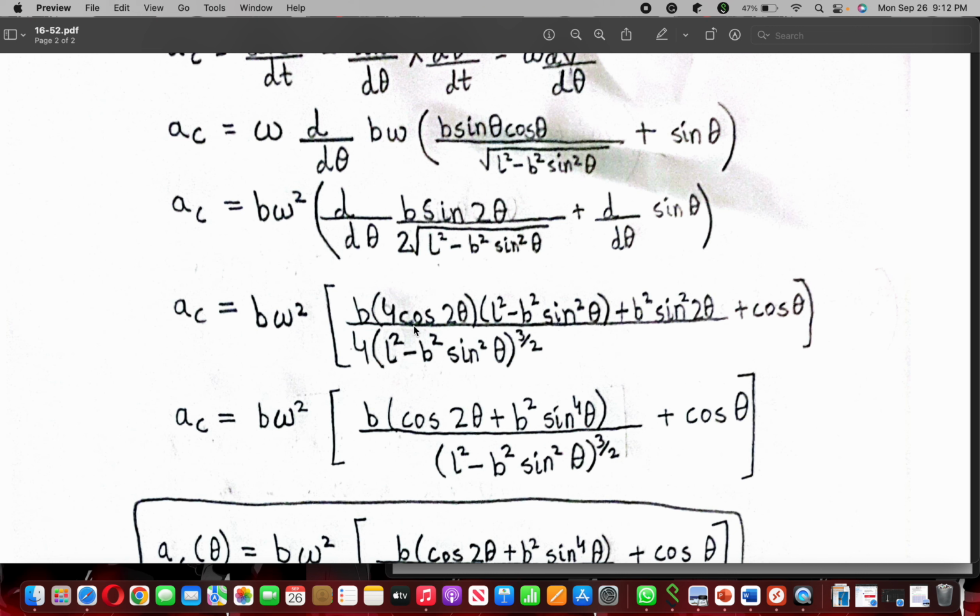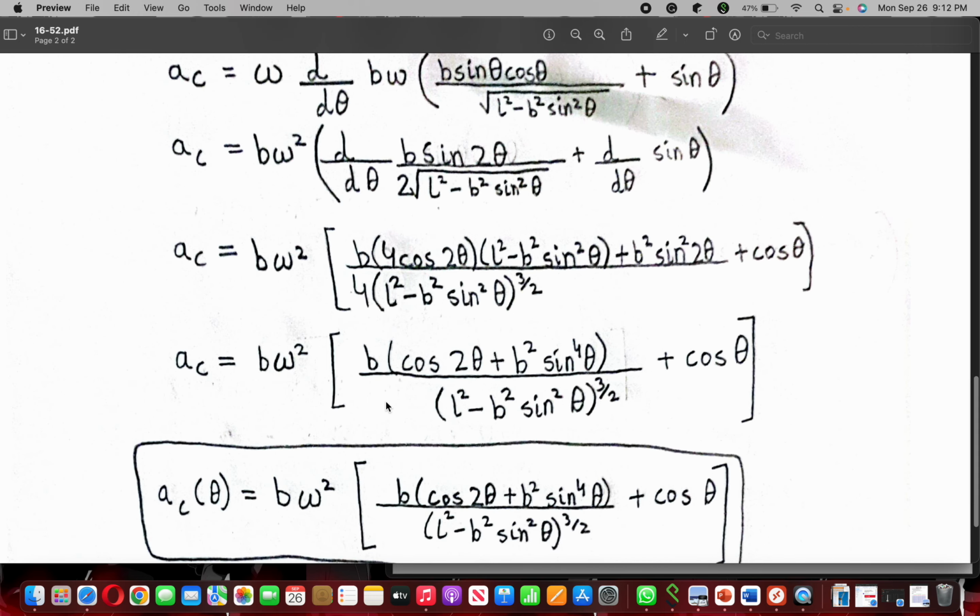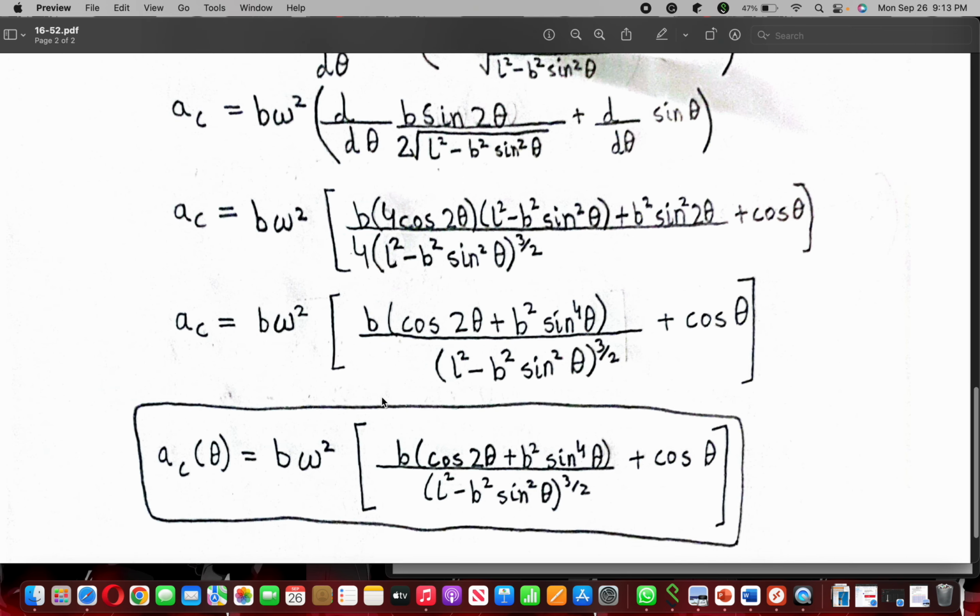Then we further simplify this equation by multiplying 4 cos theta with the other term, and simplifying it with sin square 2 theta, and in the end we get a equal to b omega square, and in bracket we get b cos 2 theta plus b square sin to the power 4 theta, divided by L square minus b square sin square theta to the power 3/2, plus cos theta. So this is the final answer.